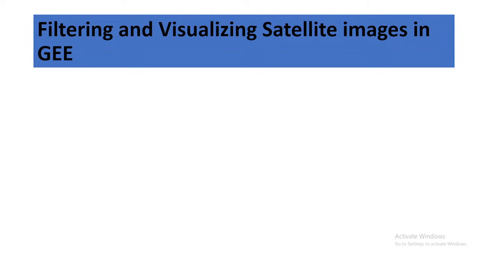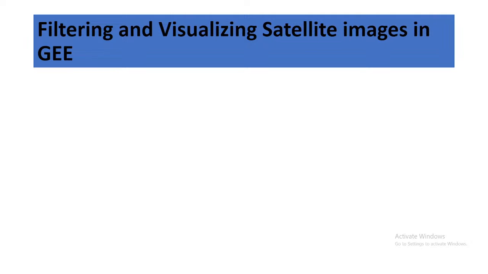Suppose I want to filter and visualize satellite images in the Google Earth Engine platform. When you want to filter satellite images in Google Earth Engine, it depends mainly on three factors.